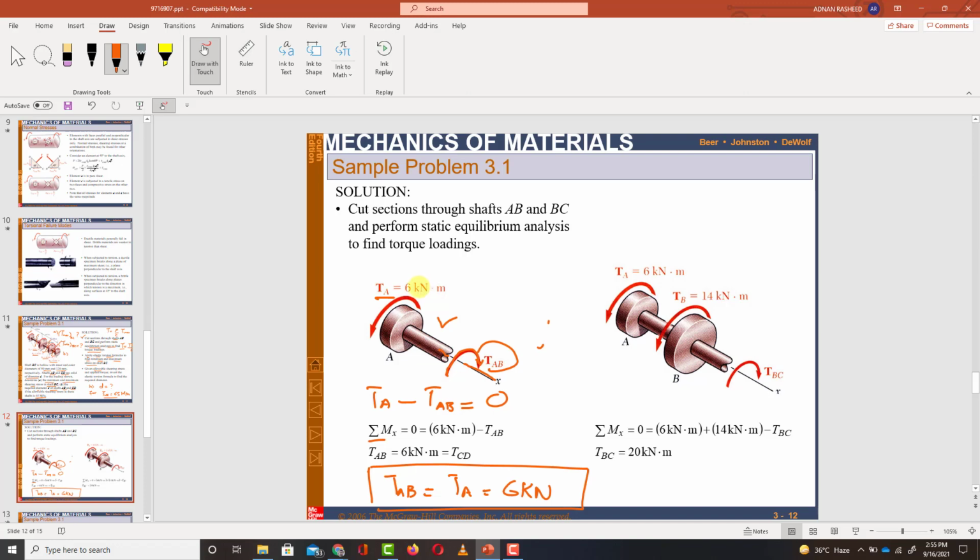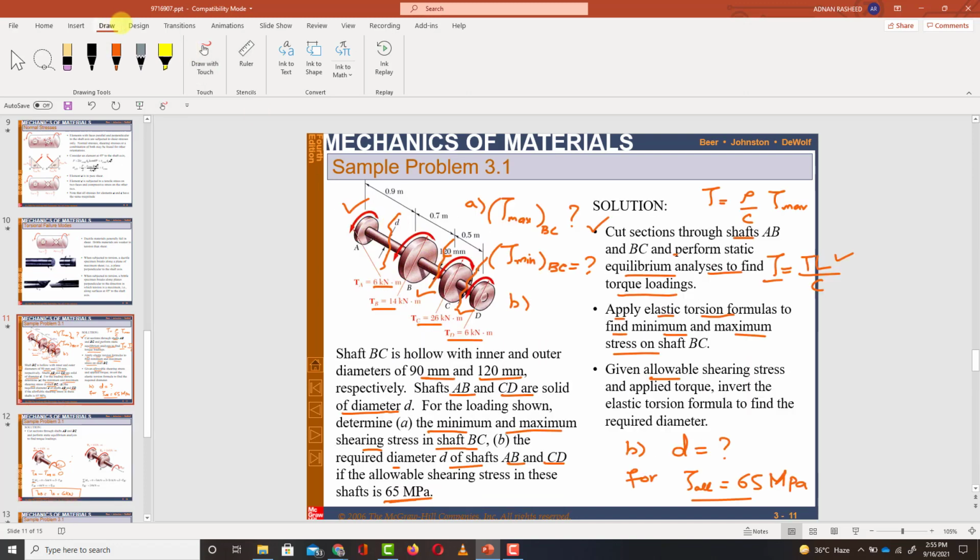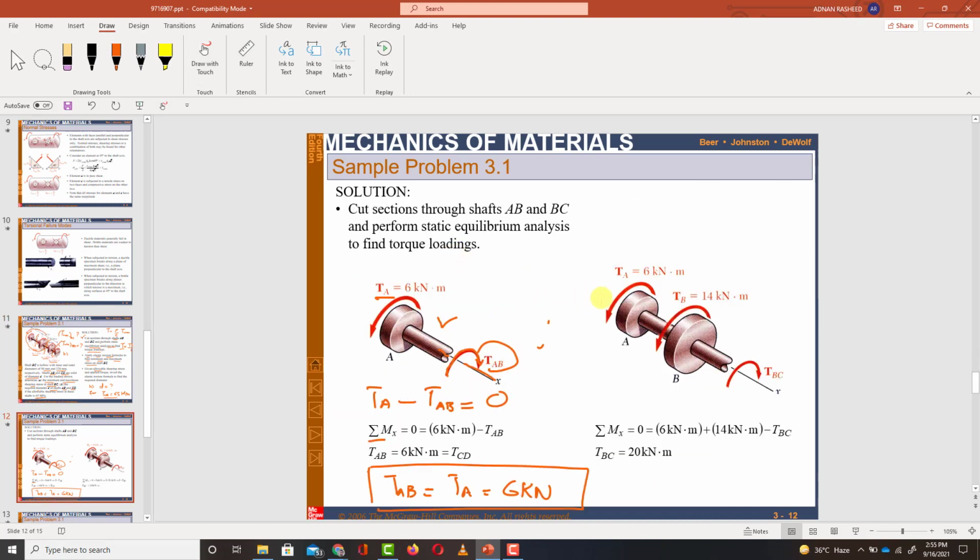Now we will move toward the second section. Now you have to cut the shaft here, and all these things will be the same. You can see in the picture this is point A, this is point B, and here we cut the shaft. So there will be a reaction torque in shaft BC.